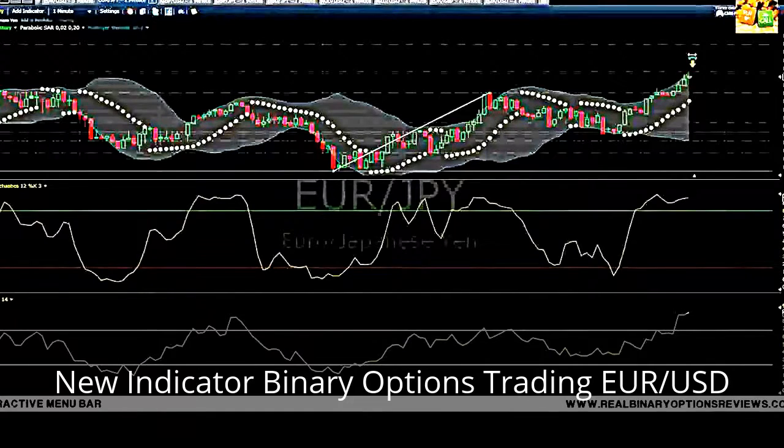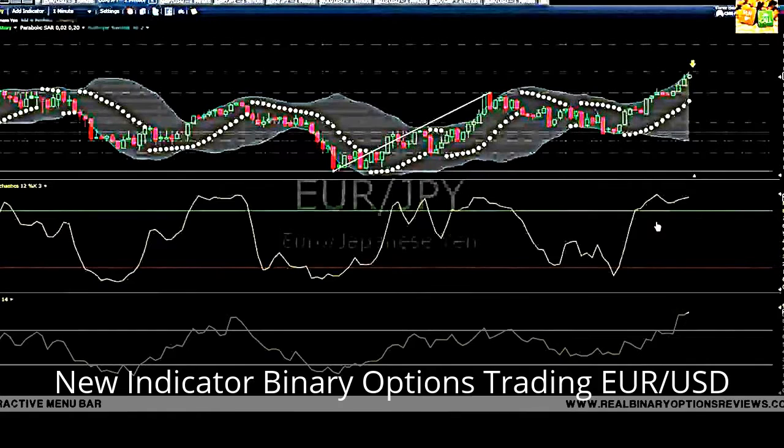Maybe I should have waited until it touched the 127 level, but sometimes you will see the price react a bit sooner, and sometimes it will cross this level before it reacts.